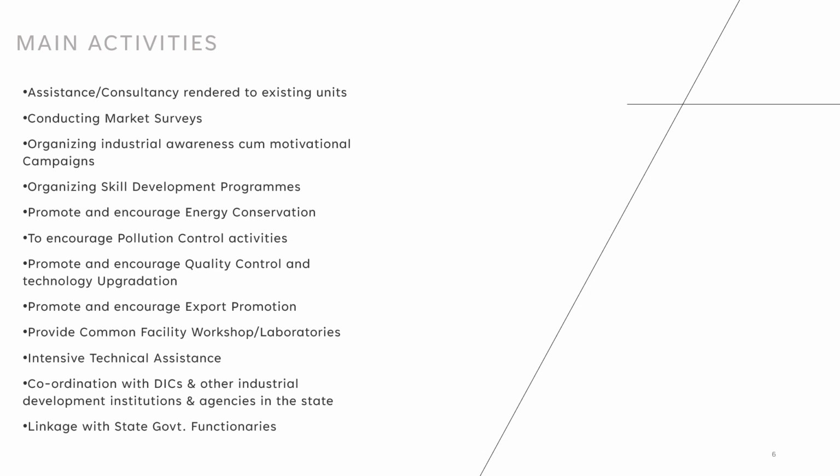They might not know what market surveys are. So these MSME DIs exclusively focus on providing support to such units and organizing industrial awareness cum motivational campaigns. The line says it all.